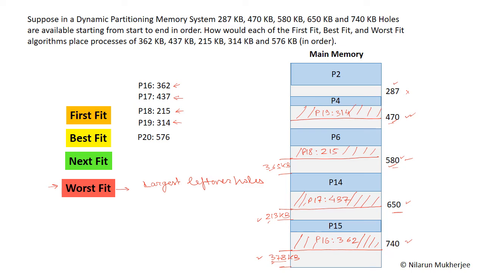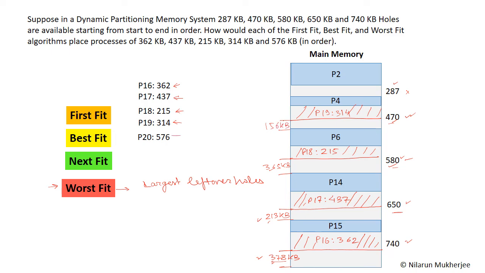So the leftover will be 740 minus 314, which is 426 kb.